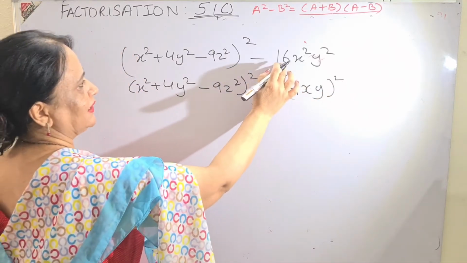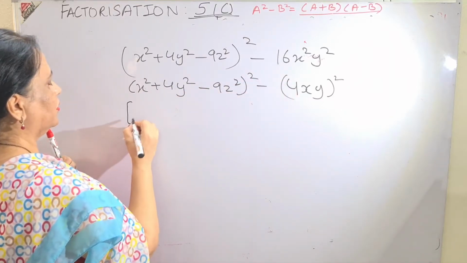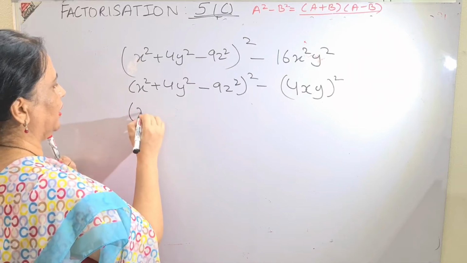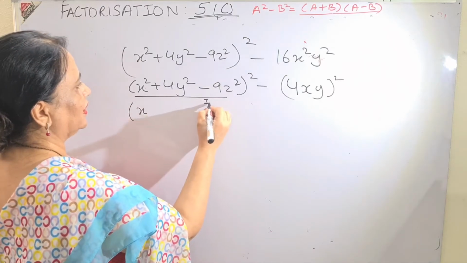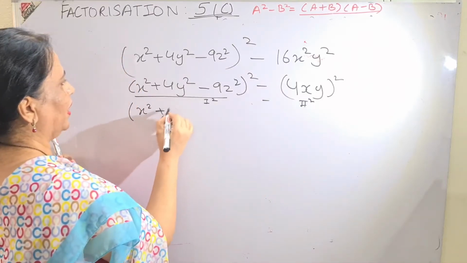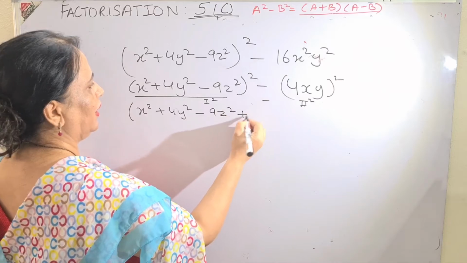I have written 16 as 4 square. This I have explained to you in the previous questions also. Now a square minus b square is equal to a plus b times a minus b. So this whole will be first term square and this will be second term square. x square plus 4y square minus 9z square plus 4xy.